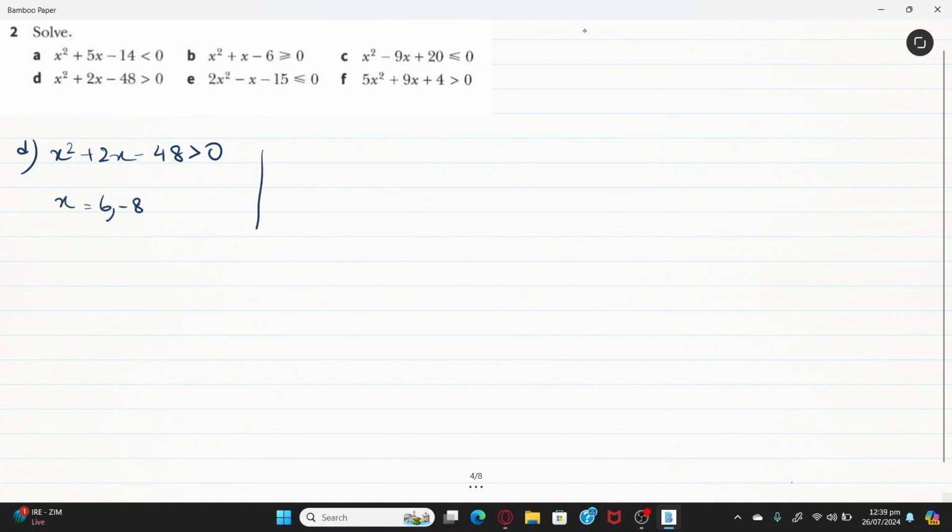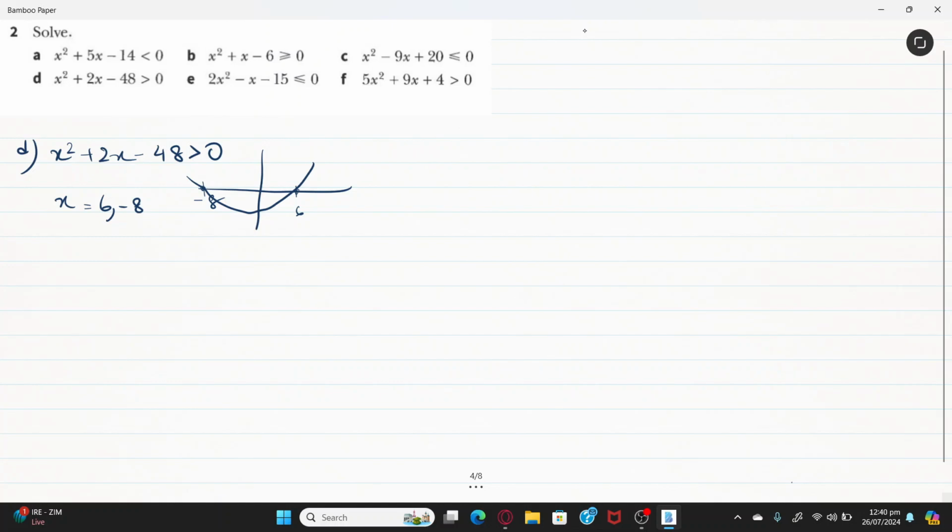If we visualize with a small graph of some sort, negative 8 to positive 6, something like that, we make this graph, and they've asked us the values which are greater than 0 but not equal to 0. So negative 8 and 6 are not part of their requirement.